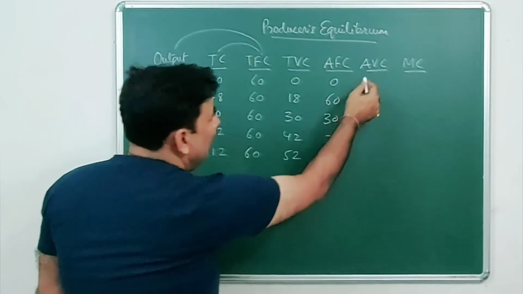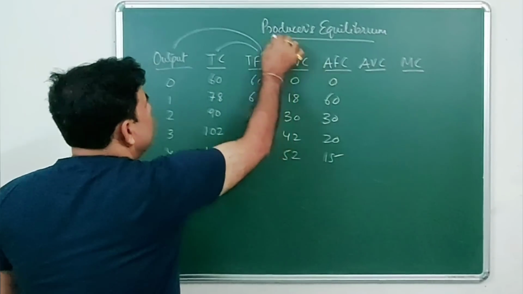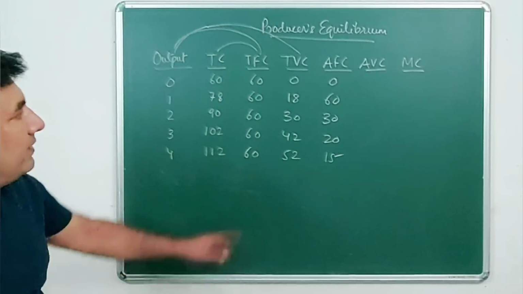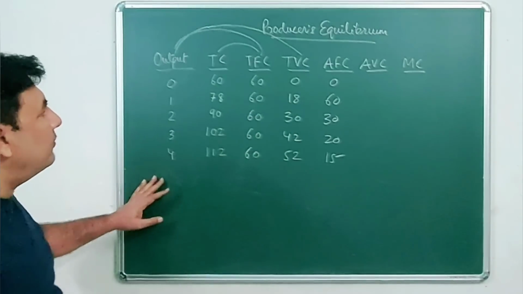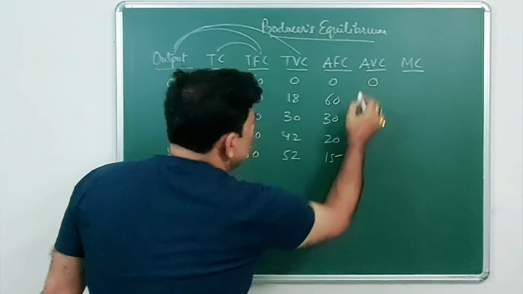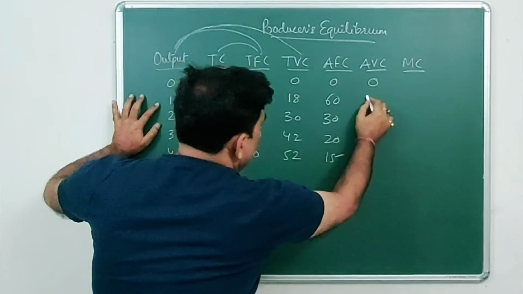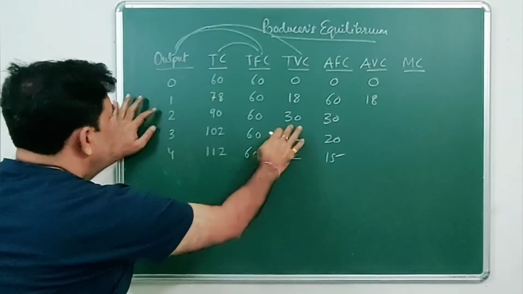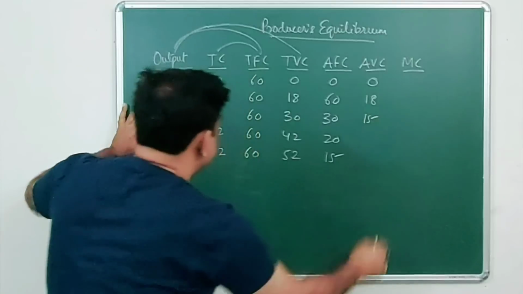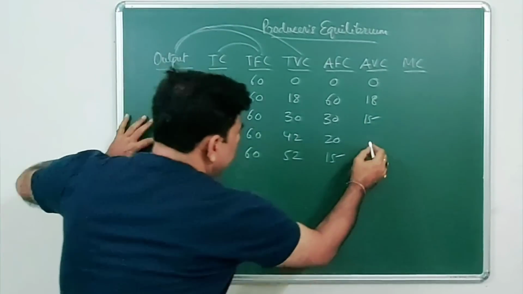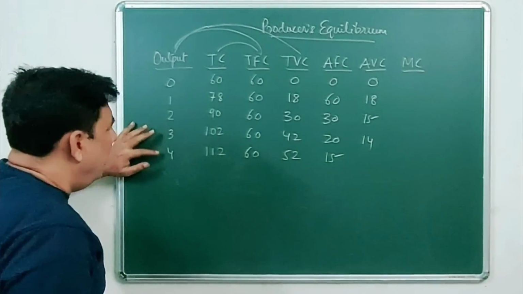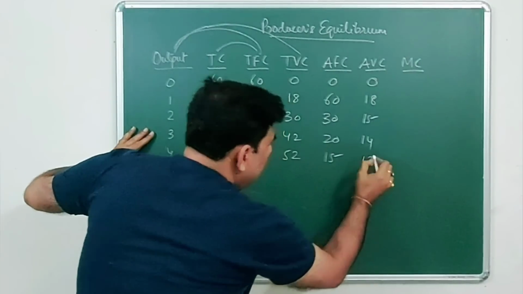Like that we can calculate average variable cost when you divide TVC, that is total variable cost, by output. So the first one will be 0, done. And then 18 divided by 1, you get 18. Then 30 by 2, you get 15. Then we have 42 divided by 3 is 14. And this will be 13.